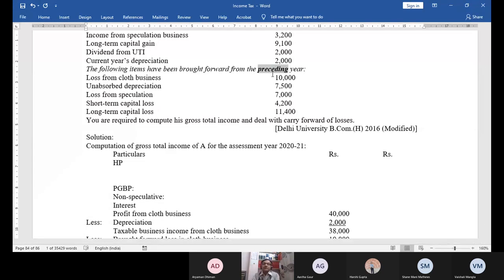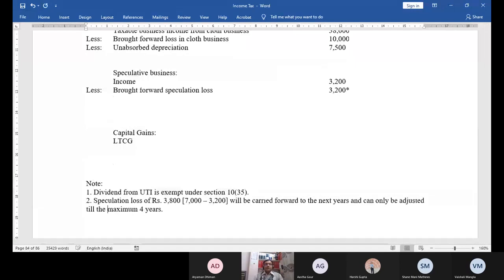So 19-20 first year, 20-21, 21-22 and 22-23. Till the previous year, this we have to write in the exam. 22-23, 4 years. The 18-19 loss was incurred, and 4 years means 19-20, 20-21, 21-22 and 22-23.